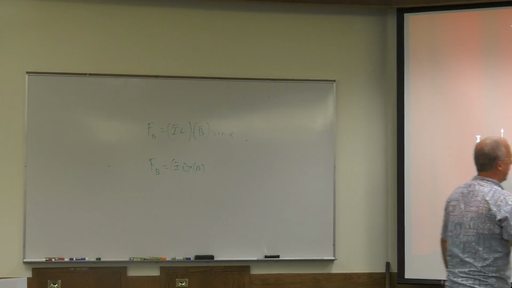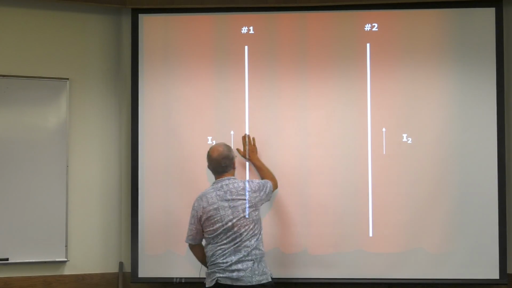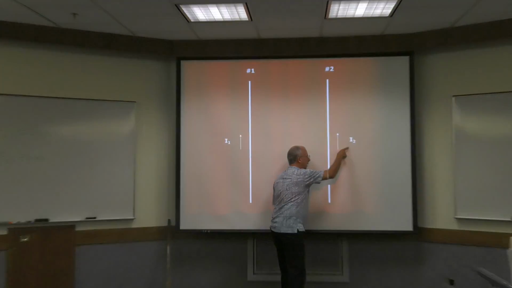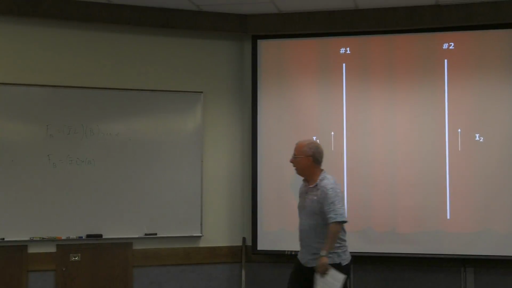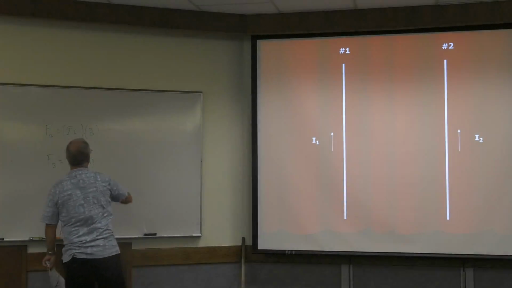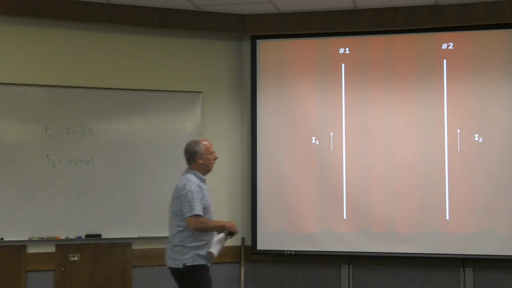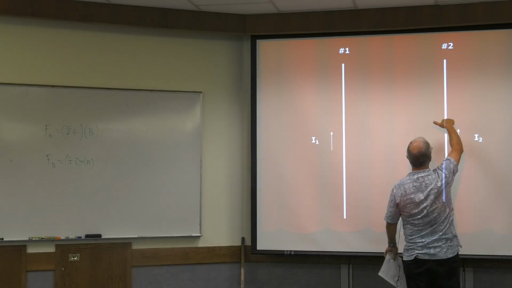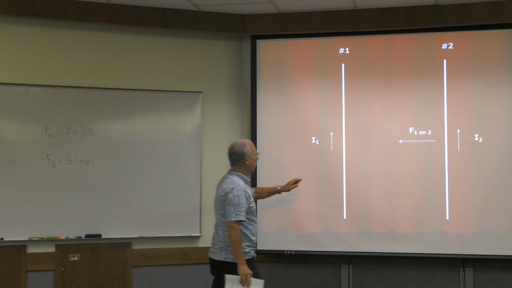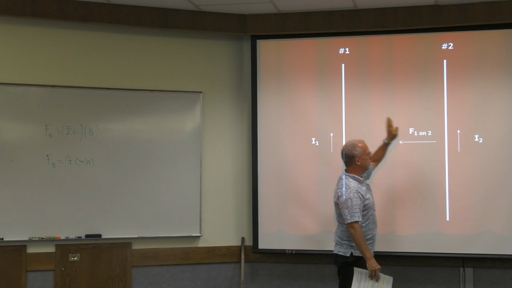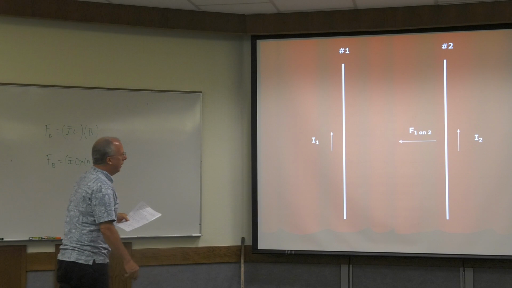What's the angle between the B field from this wire and the current in this wire? 90. What's the sine of 90? 1. All right, isn't that nice? So IL cross B is to the left. So the force that this guy exerts on this guy is to the left.